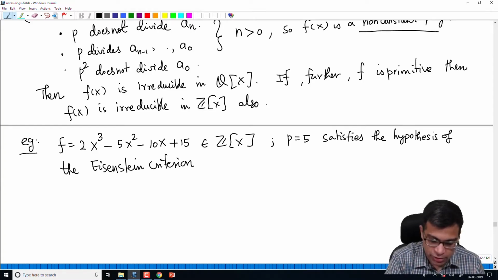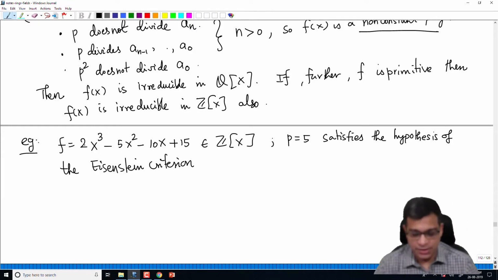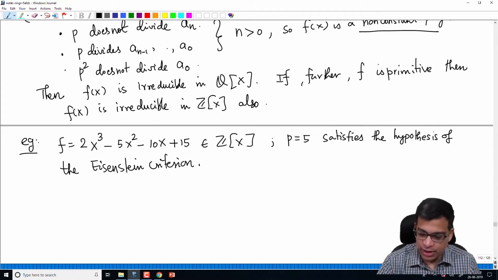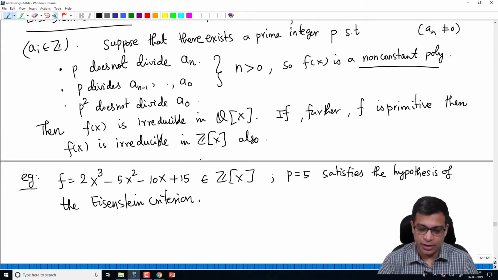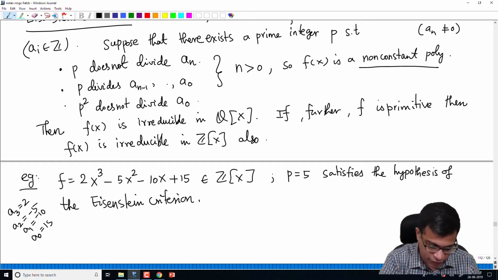Let me write f equals 2x cubed minus 5x squared minus 10x plus 15. It satisfies the hypothesis because 5 does not divide 2. a_3 here is 2, a_2 is minus 5, a_1 is minus 10, a_0 is 15.